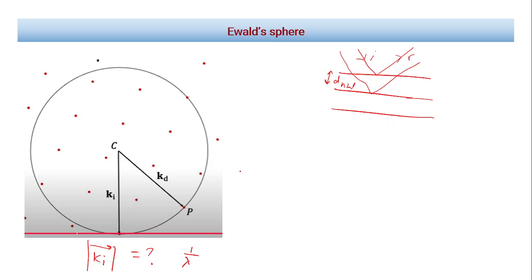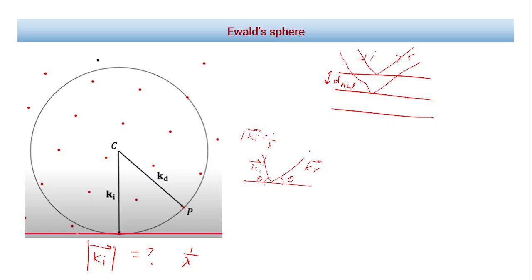Then if it is incident at some point, it will reflect also. This Ki has this direction, and its magnitude is 1 by lambda. Then after reflection, from Bragg's condition, we know it will go out at the same angle, and this will be Kr.